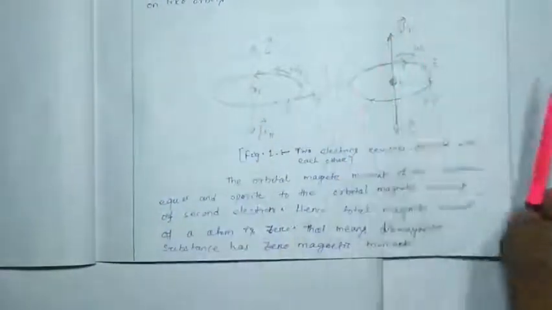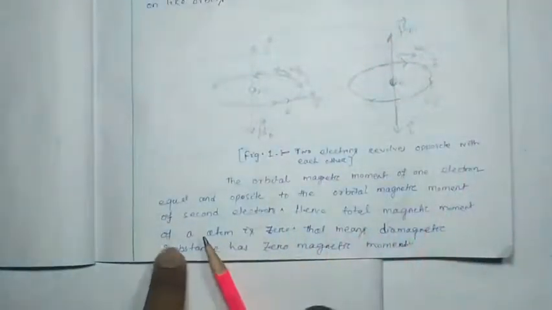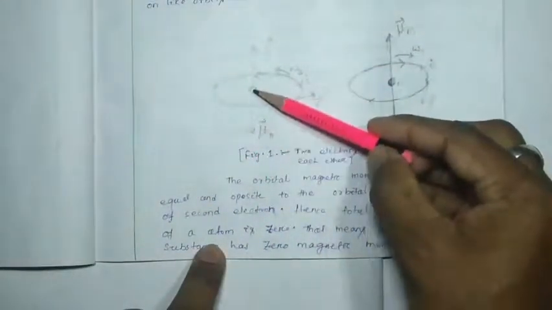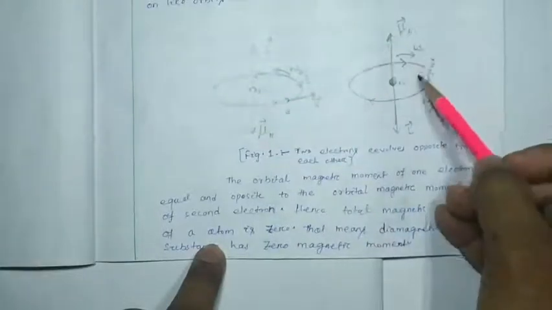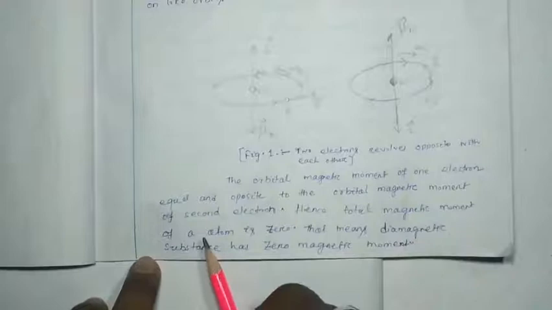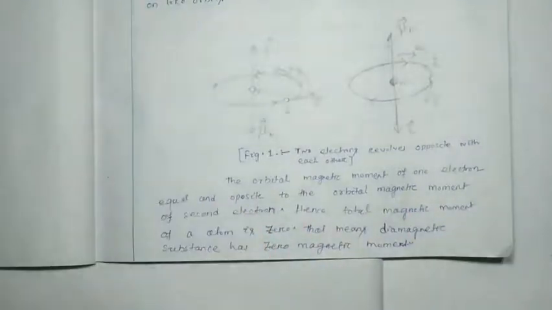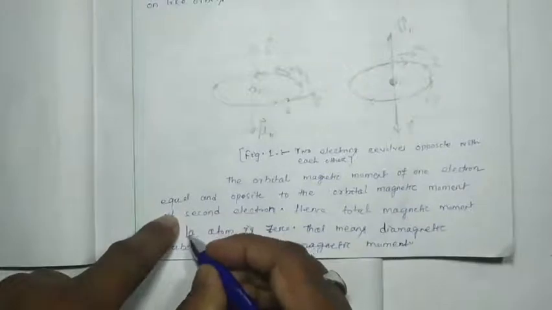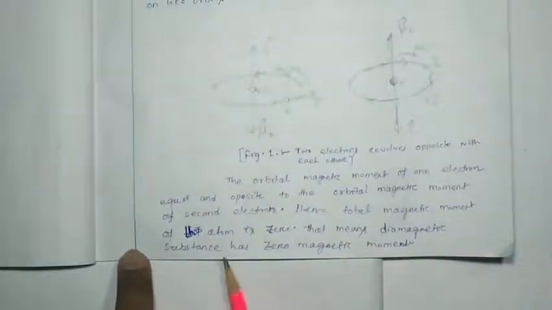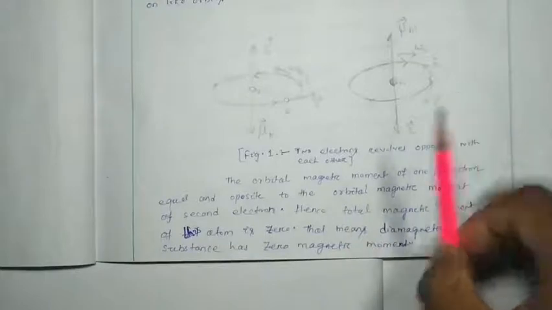Both are equal in magnitude and opposite in direction. Hence the total magnetic moment of the atom: as magnetic moment is a vector, if the 2 vectors inside one atom are equal and opposite, then the total magnetic moment of that atom will be 0.